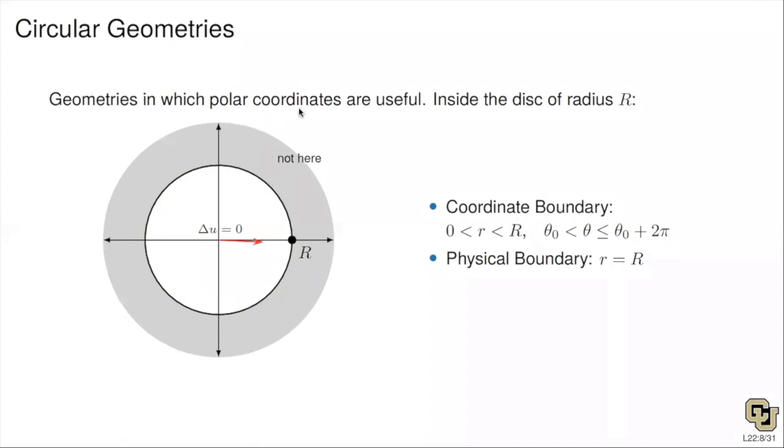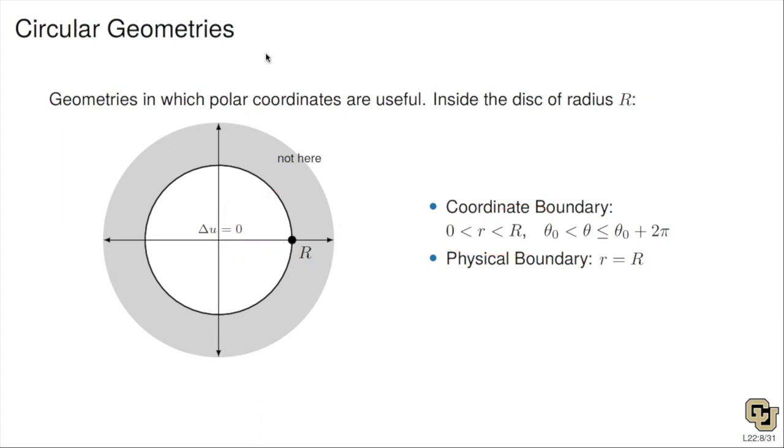The center is called the pole. r is a radius, your distance from the center, and negative r would just go in the opposite direction. In this case, r is between 0 and capital R.